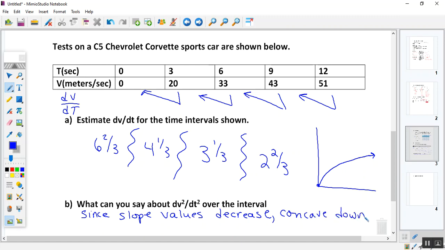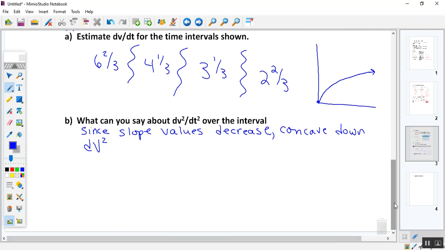Which means the second derivative of velocity with respect to time, d2v over dt2, must be positive or negative. Yep, negative. The rate of change of the rate of change is decreasing.